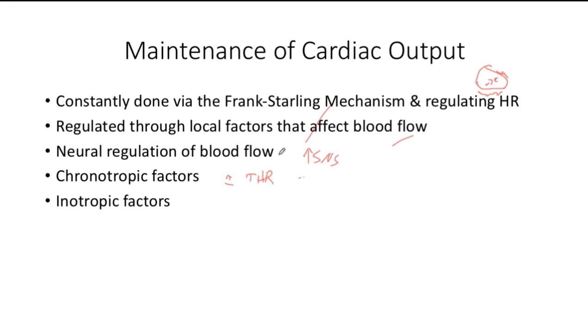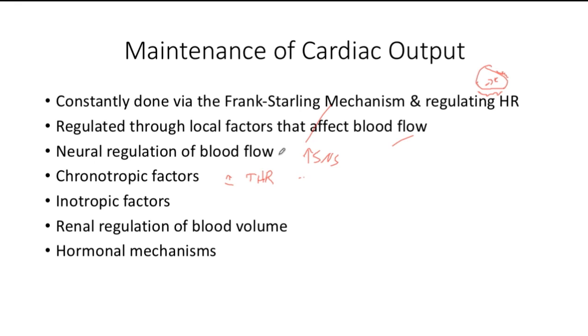All right, inotropic factors: remember that catecholamines and the increased stretching of the myocardium will cause the myocardium to contract with more force. Renal regulation of blood volume, whether it's through the kidneys themselves or hormonal mechanisms, making sure that we are retaining volume, especially during exercise, to keep our blood pressure up. More volume equals more pressure, all right, and various hormonal mechanisms.